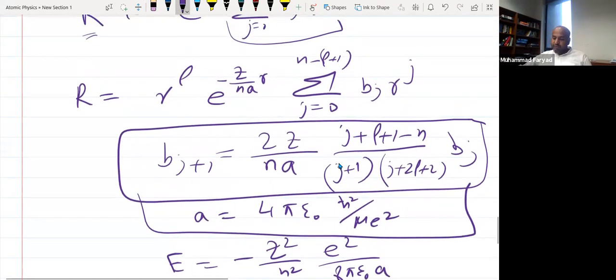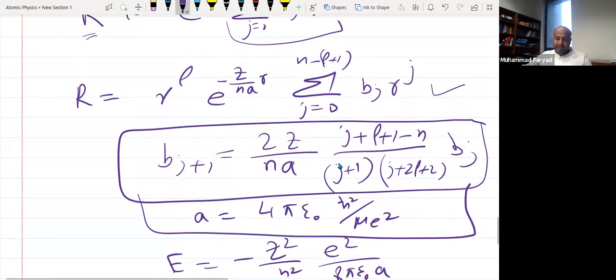Okay, so this gives us the radial dependence of this function, and since it depends on n and l, it's usually written like this, r sub nl, function of r. This is a polynomial, and the degree of the polynomial is n minus l plus 1.